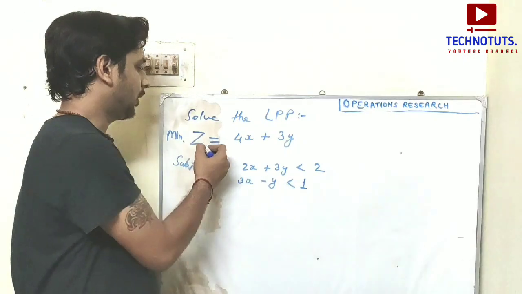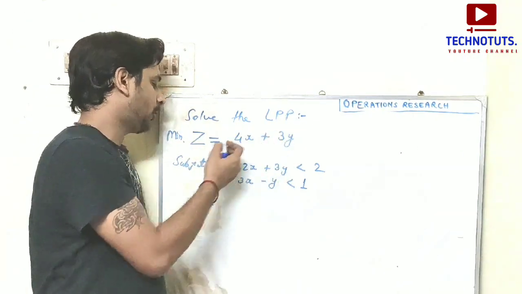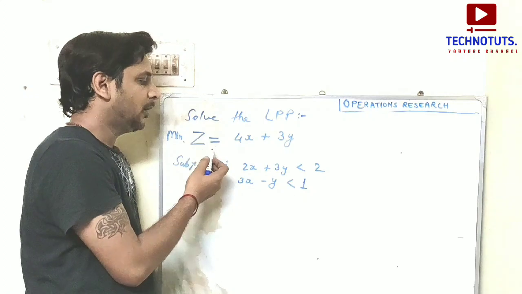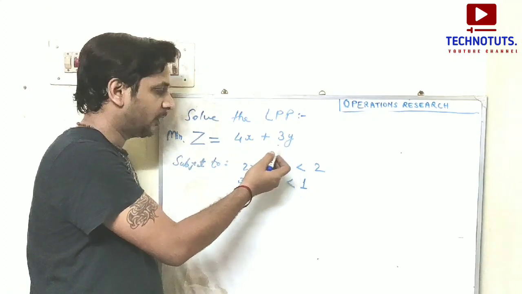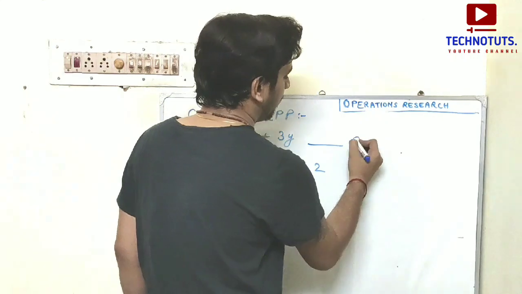Suppose you have to solve this linear programming problem. The problem is to minimize z, which is equal to 4x plus 3y. This is our objective function given in the question.